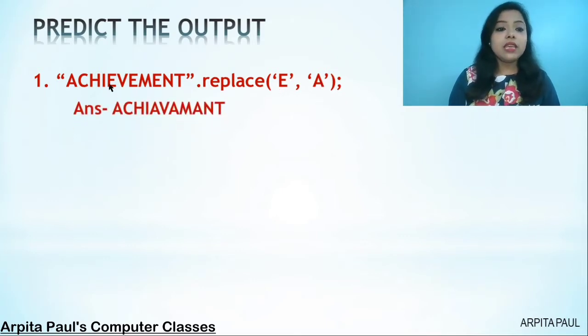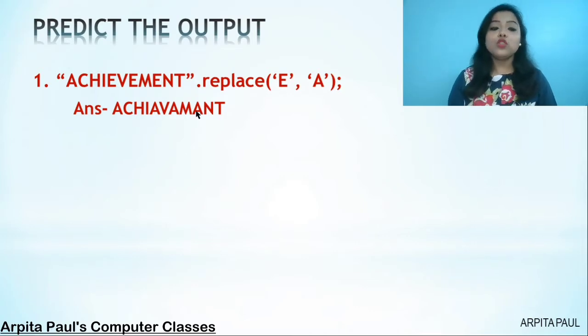See here, E is coming 3 times. So at all these 3 places you can see A has come in the output. As we are replacing the character E, wherever E is present, it will be replaced with the character A, and this will be the output. Whenever this type of question comes, you need to write the answer like this.